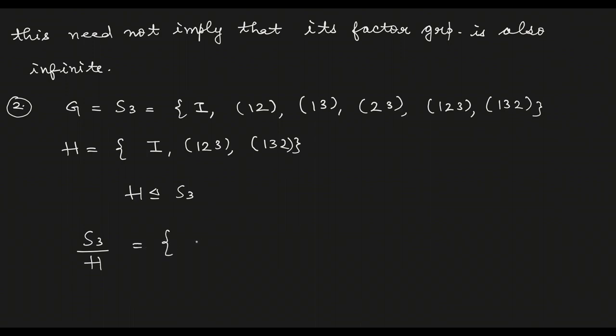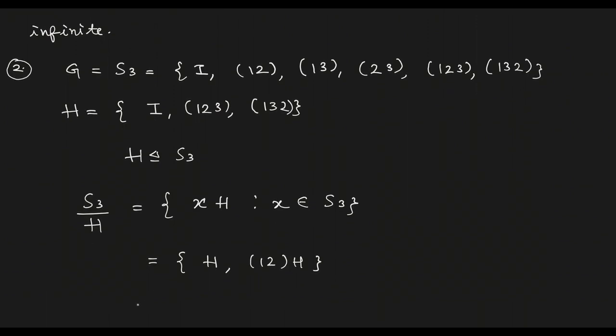This will be xH such that x belongs to S3. So it will contain H and (1 2)H, because for (1 2)H I will take a member of this H.